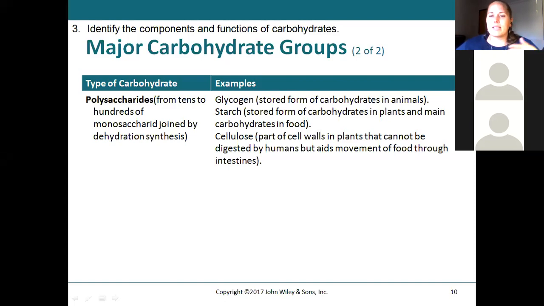It's important to recognize again that our body has very specific enzymes to break down these different types of polysaccharides. And as humans, we actually don't have the enzymes to break down the bonds that make cellulose. And so that's why we're not able to digest it. Corn, for example, has a ton of cellulose in it, and so we're not able to digest corn all the time. You can put two and two together as to what the output of that is.